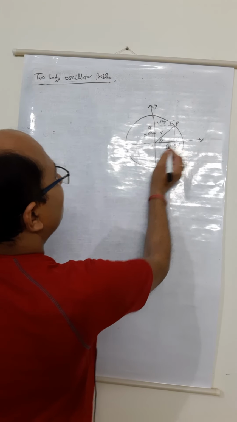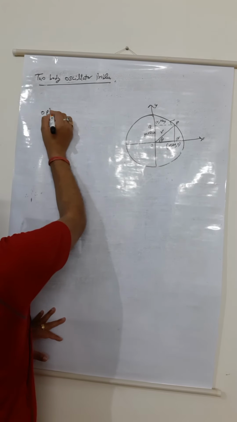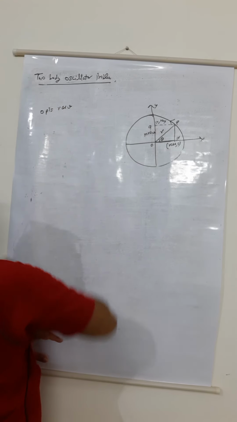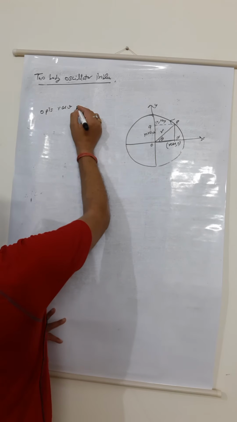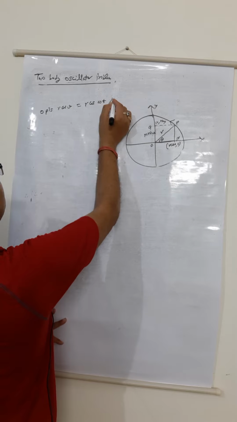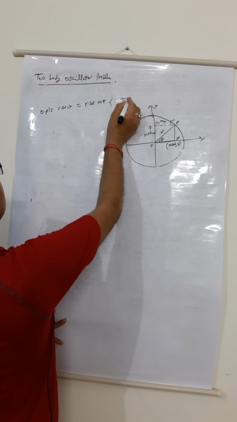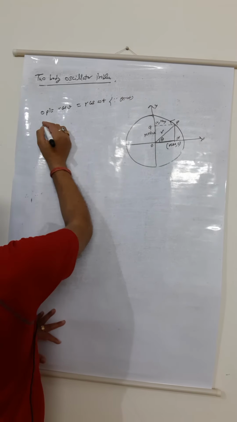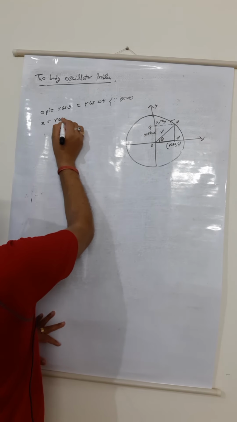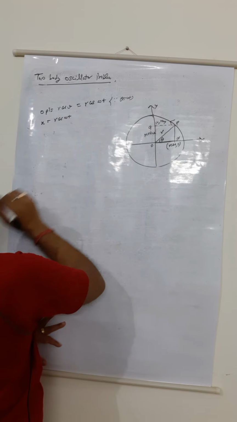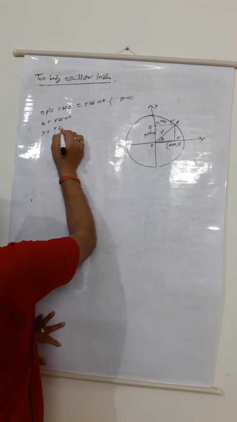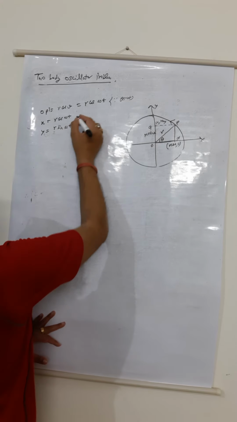OP dash is equal to r cos theta, and theta is equal to omega t, so r cos omega t. This means x is equal to r cos omega t. Similarly, y is equal to r sine omega t.